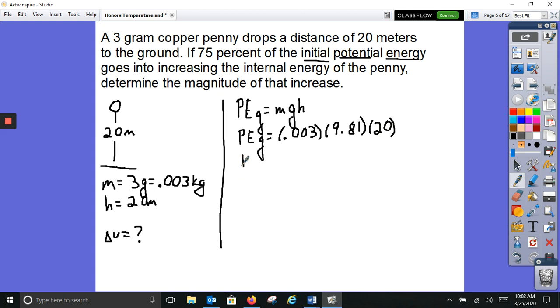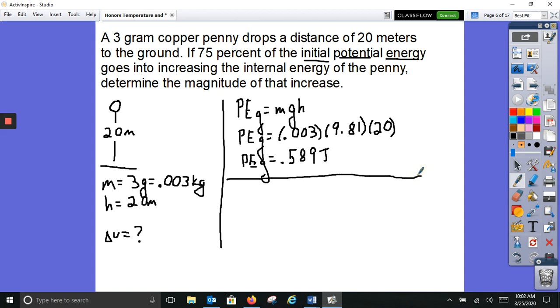When we multiply those three things, we get 0.589. Being an energy, it's measured in joules.